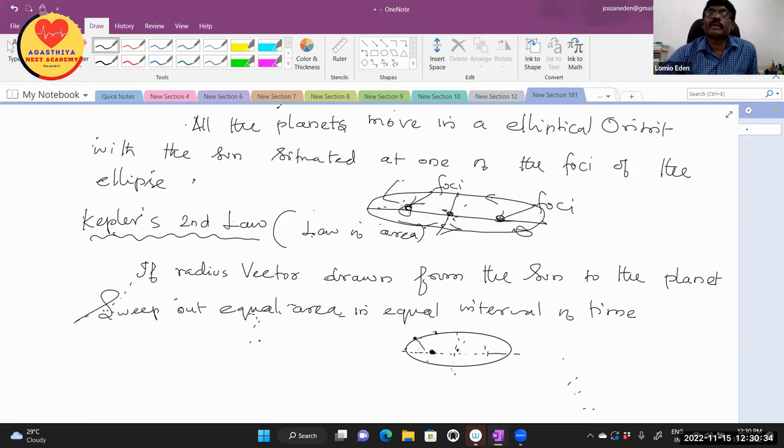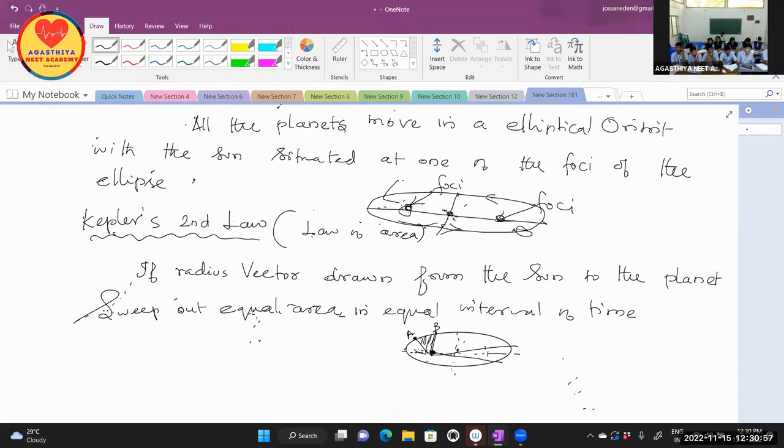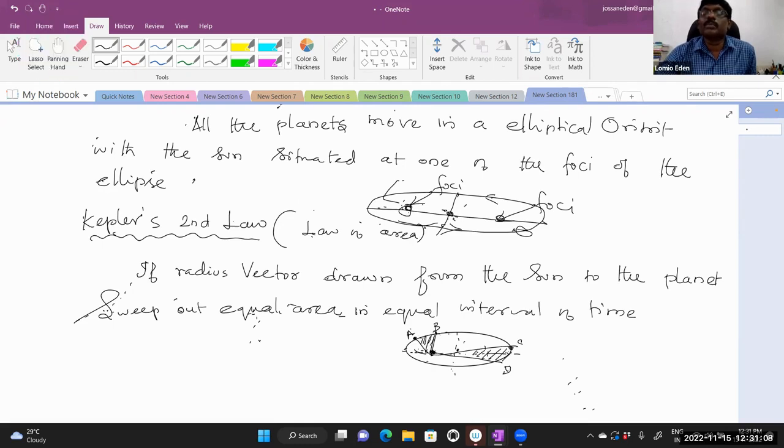This is the area swept out when the planet moves from, say, A to B. It will be equal to the area swept out when the same planet moves from C to D in the same time.